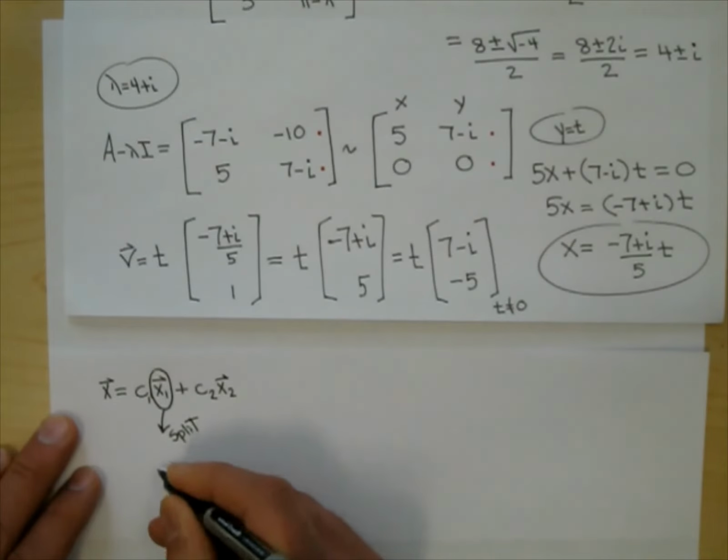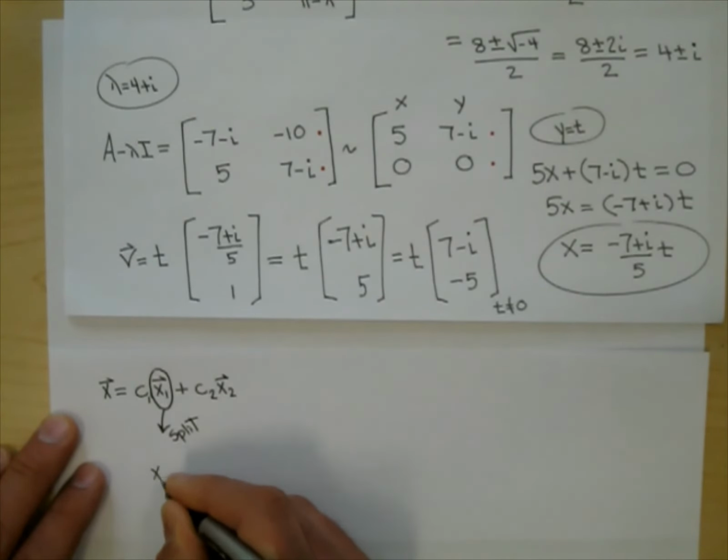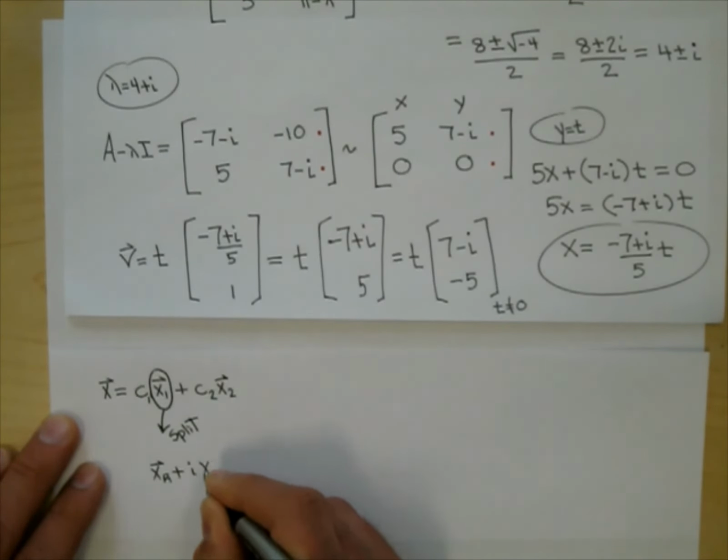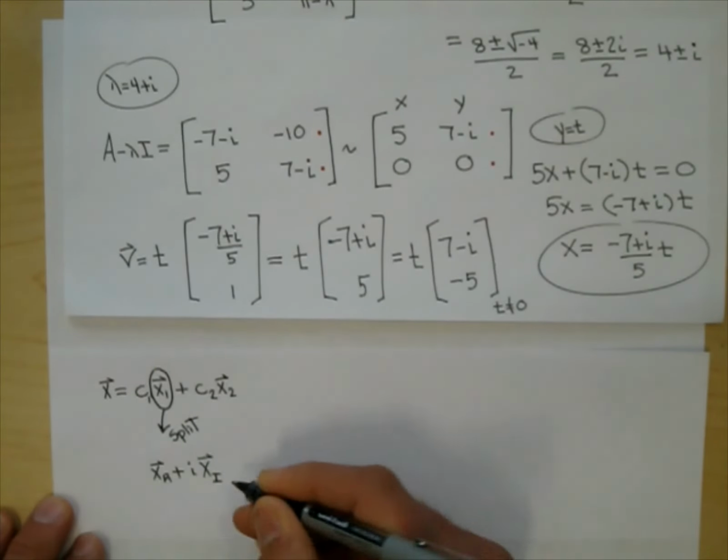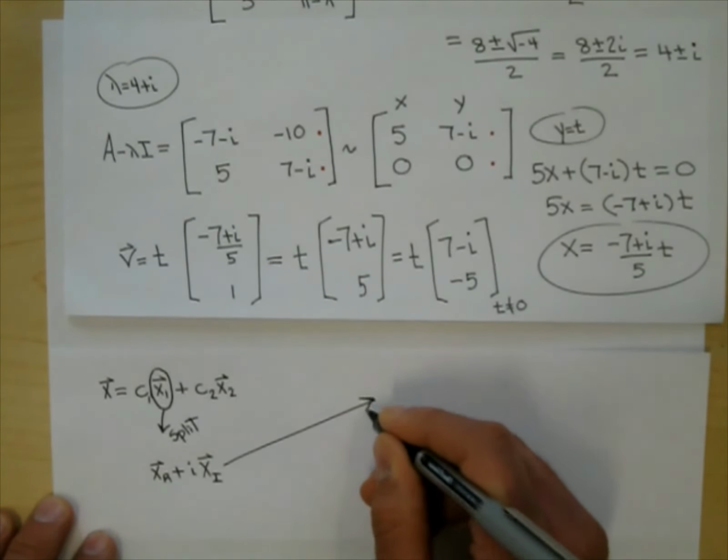So it looks like X R bar plus I X I bar. And we've done this in lecture.